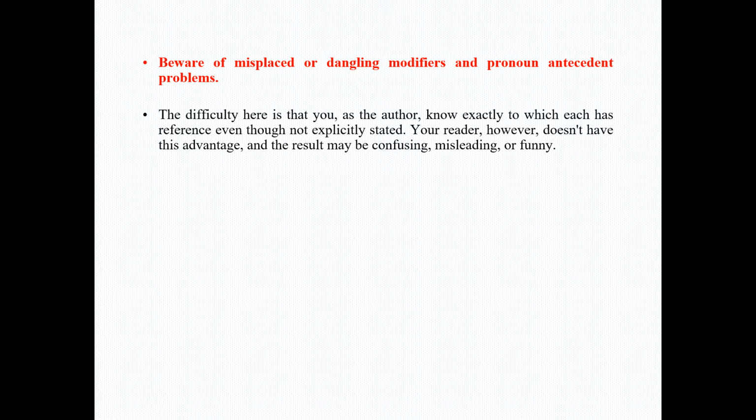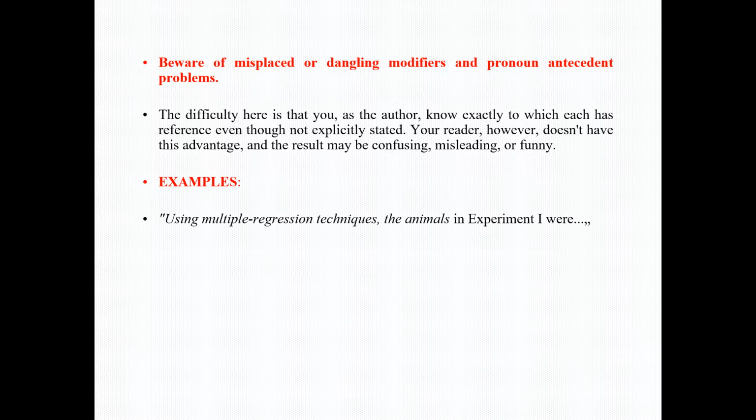Be aware of misplaced or dangling modifiers and pronoun antecedent problems. The difficulty here is that you, as the author, know exactly to which each refers, even though it is not explicitly stated. Your reader, however, does not have this advantage, and the result may be confusing, misleading, or funny.